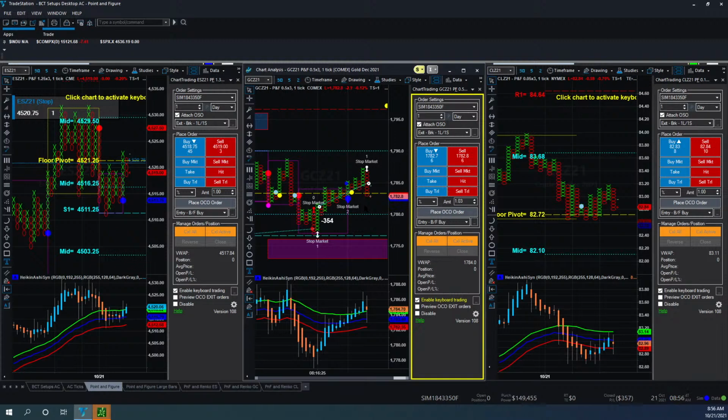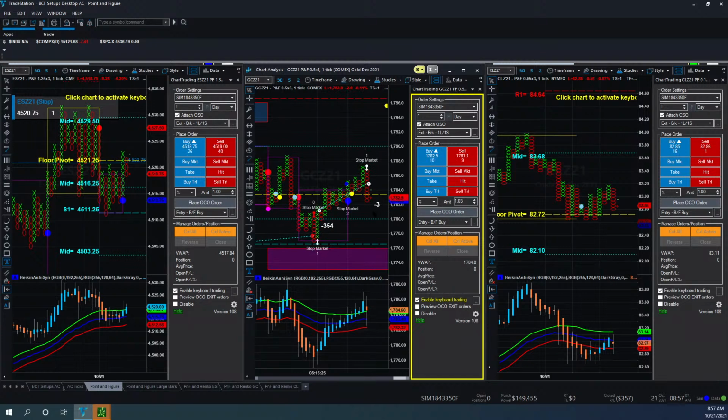Minus $3 right here. I'm at 357. There was a 354 before, so minus $3 there. I was stopped out in the range.